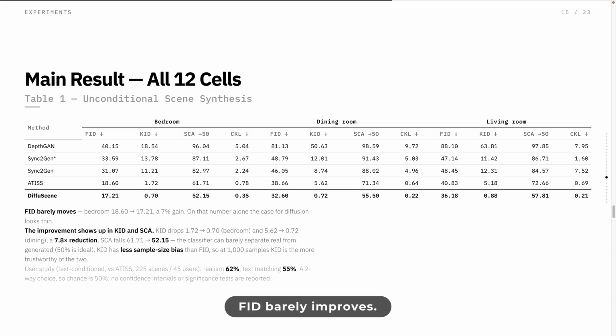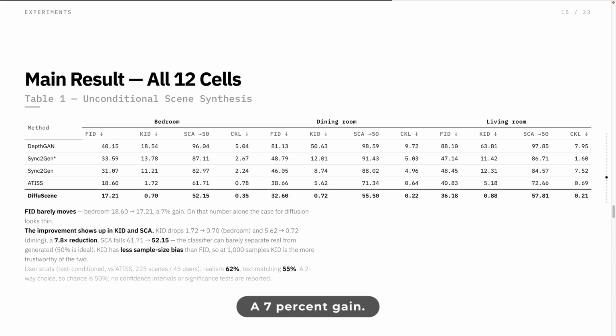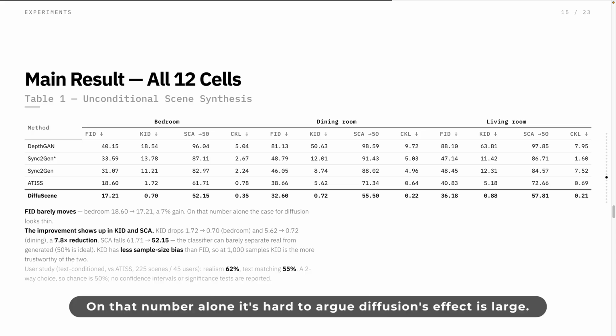large. FID barely improves. ATISS 18.6 versus DiffuScene 17.21 on bedrooms, a 7% gain. On the number alone, it's hard to argue diffusion's effect is large.